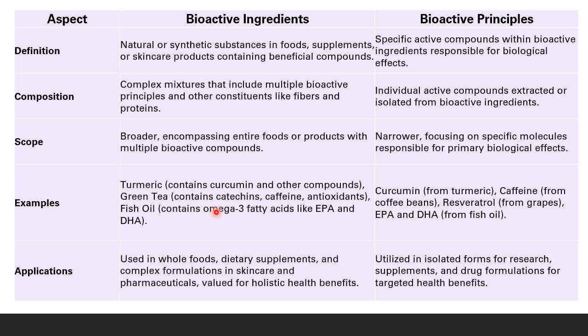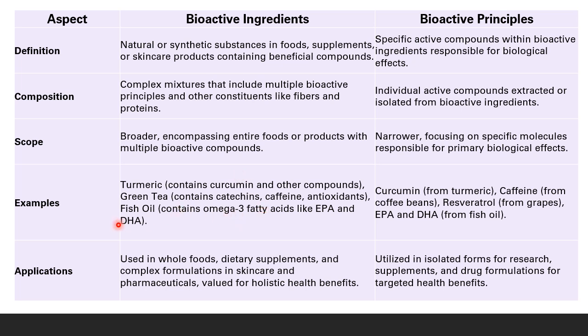Next is green tea, which has catechins, caffeine and antioxidant properties. So it is a bioactive ingredient, okay? Green tea. And caffeine from the green tea is a bioactive principle.